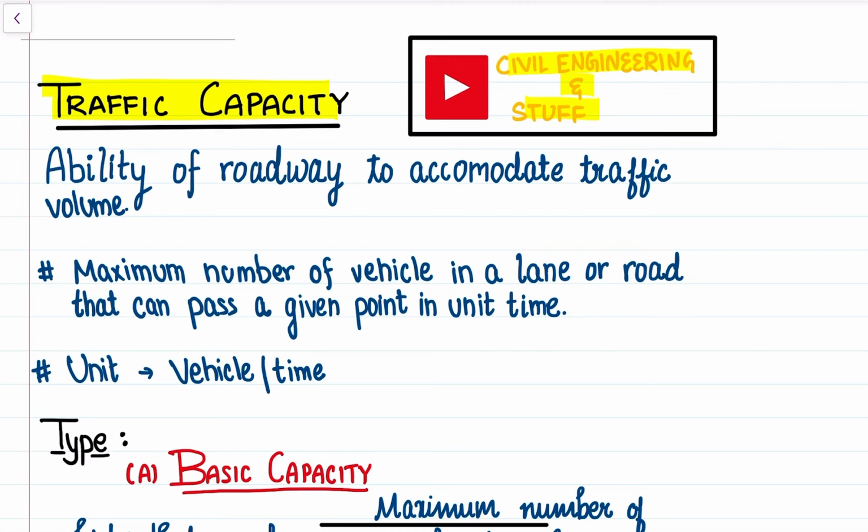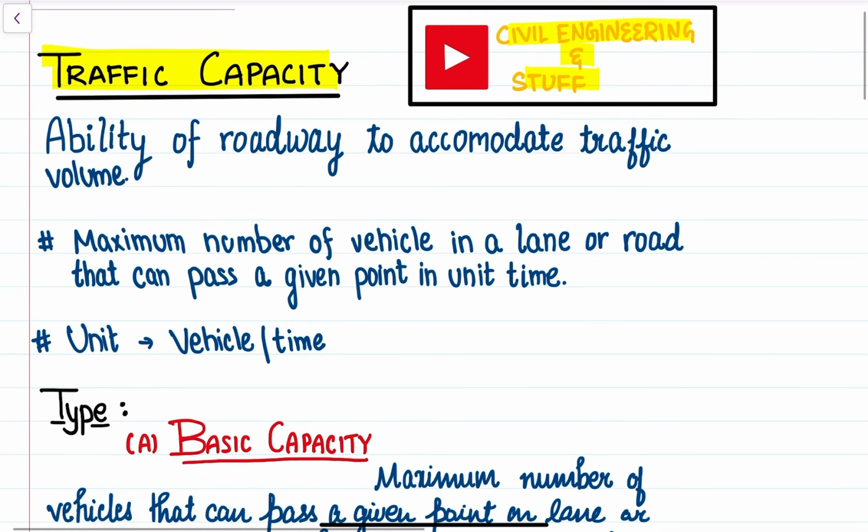What is traffic capacity? Traffic capacity is defined as the ability of a roadway to accommodate the traffic volume, or it can also be defined as the maximum number of vehicles in a lane or road that can pass a given point in a unit time. So what does this mean?